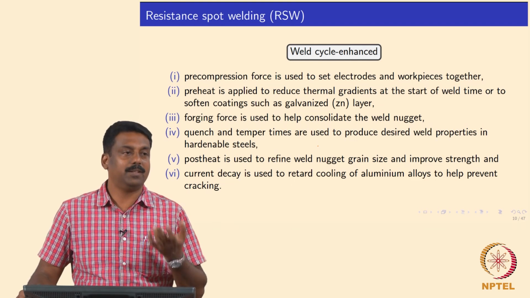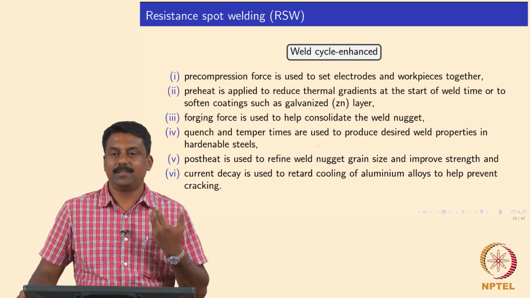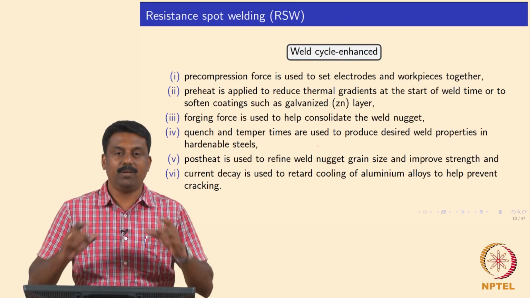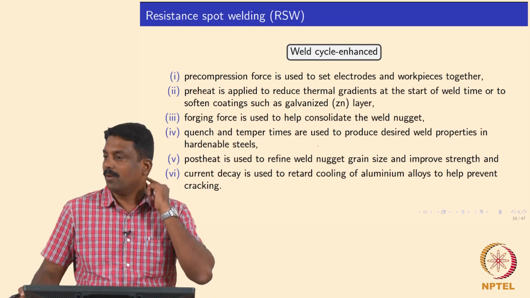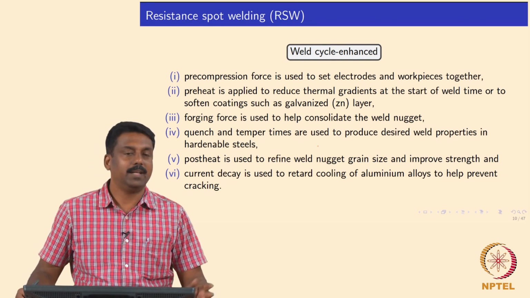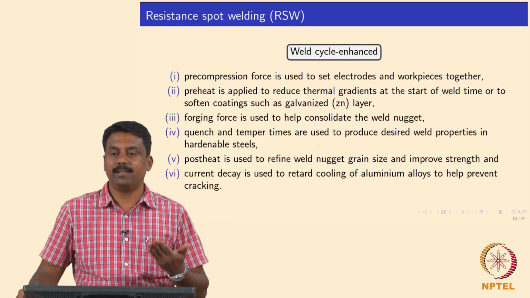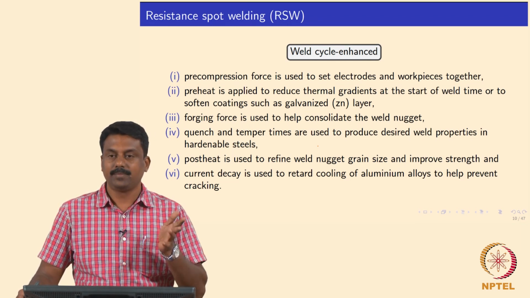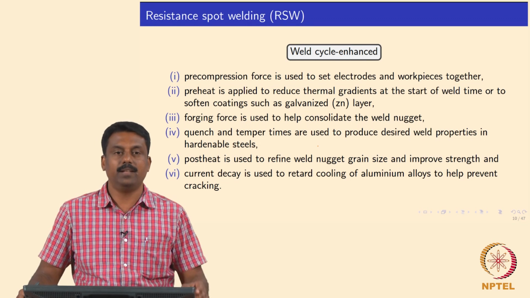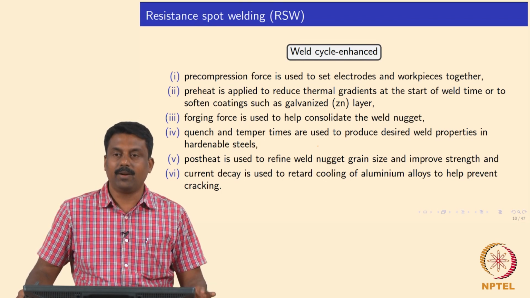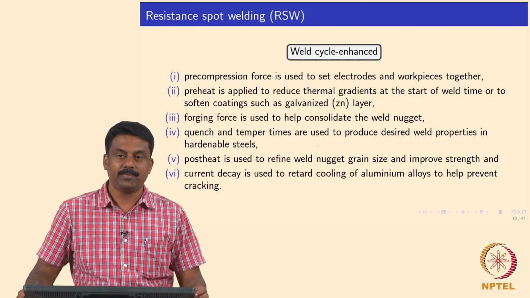So if you are doing an autogenous weld, stainless steel and aluminum alloys are prone to cracking, because you also apply a load. So the compressive load becomes tensile in one axis. So in aluminum alloys or stainless steels, they are really prone to cracking, and they also have a thick oxide coating, isn't it? Oxide layer, aluminum as well as stainless steel. So the contact resistance can be huge.